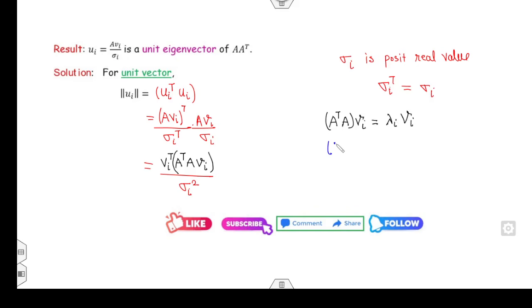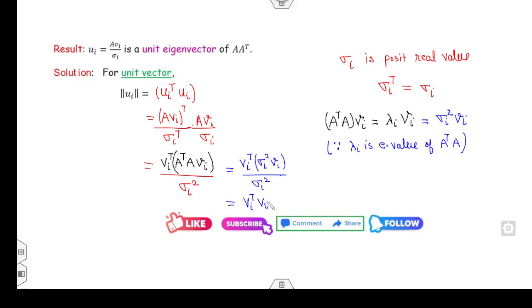Yes, because lambda i is the eigenvalue of A transpose A. Or lambda i can also be written as sigma i square into vi. I can substitute in the numerator: vi transpose sigma i square into vi, divided by sigma i square. Sigma i square will be cancelled. It is vi transpose into vi, which is always 1.